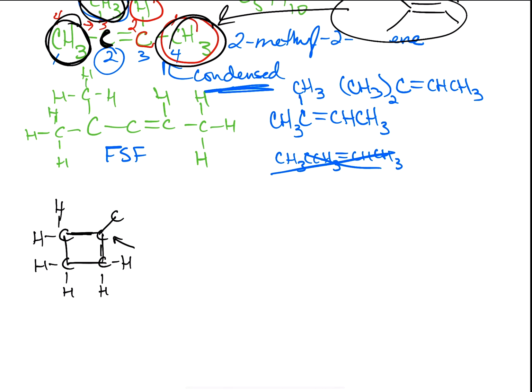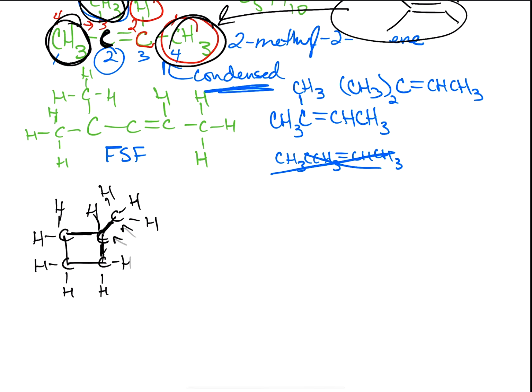So this one, and this one going those ways. So it only needs 1 hydrogen. The carbon on the end right here, that one's gonna be CH3 because it's on the end. So that's how that works.